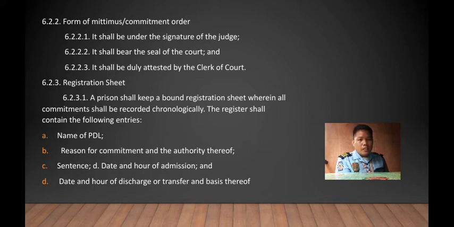Chronologically, the register shall contain the following entries: name of PDL, reason for commitment and the authority thereof, sentence, then date and hour of admission, and last, date and hour of discharge or transfer and basis thereof.